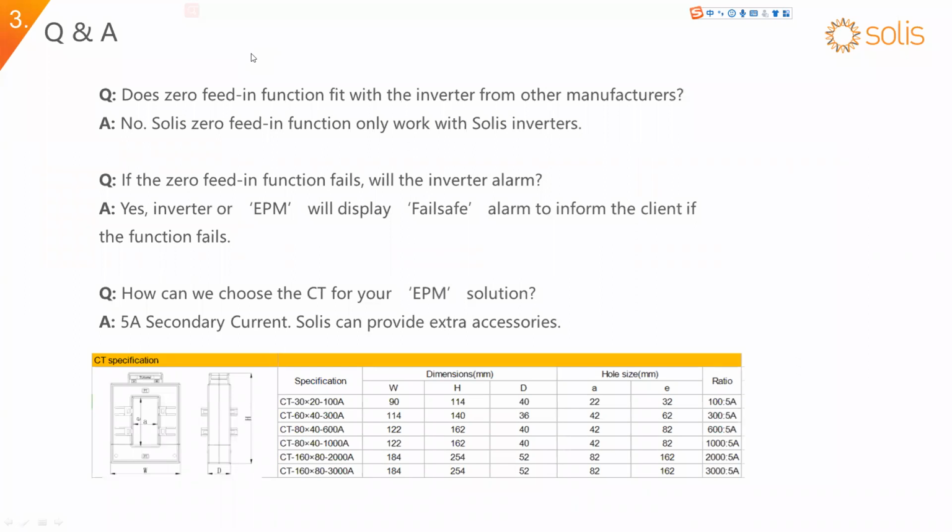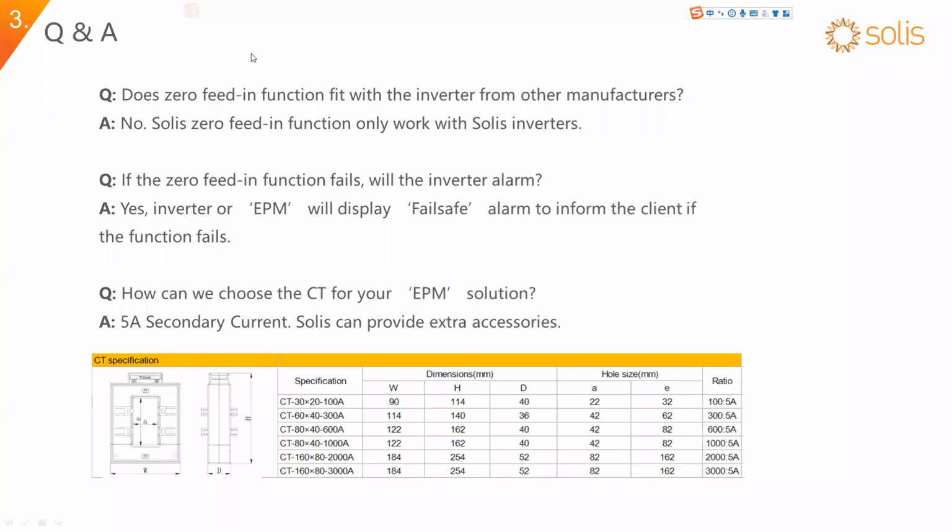Reverse current to the grid. So the whole zero feeding solution is to prevent the reverse current to the grid. So that is what you call the protection for the reverse current to the grid. And here in Philippines, we usually don't have neutral lines for the residential.